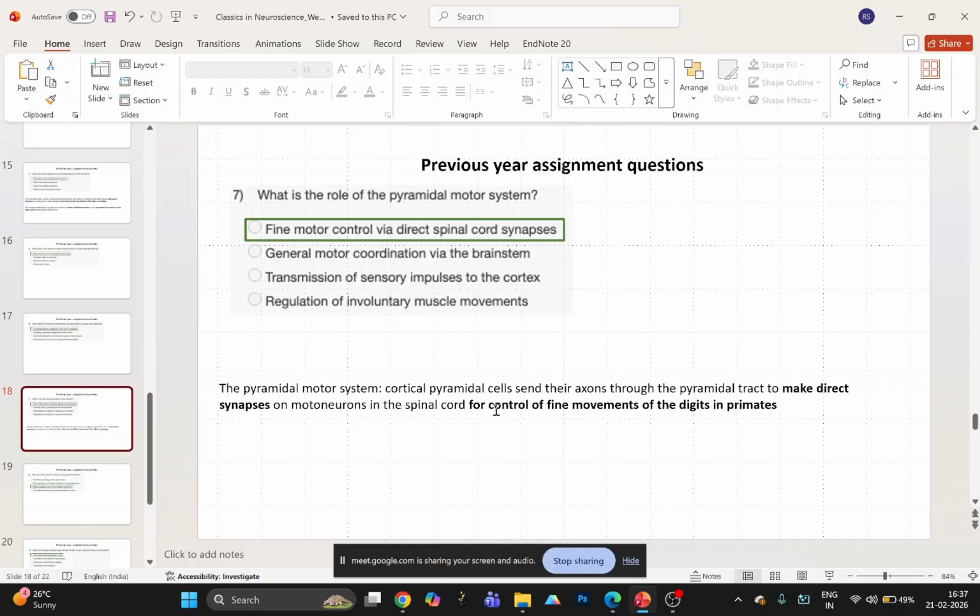These are movements that require very fine coordinated impulses, right? And that is something that is affected by the pyramidal motor system. So the answer to this question is fine motor control via direct spinal cord synapses. That is the role of the pyramidal motor system.